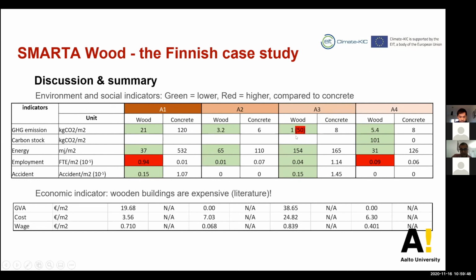But here I did some analysis, and I found the value could be different from what we see in the EPD. This is mostly because the EPD doesn't add this renewable energy.